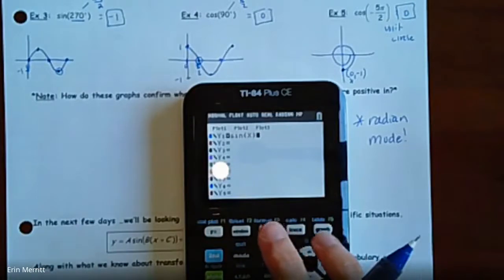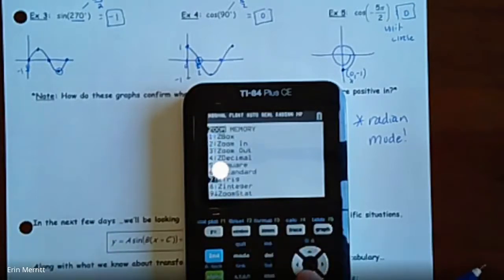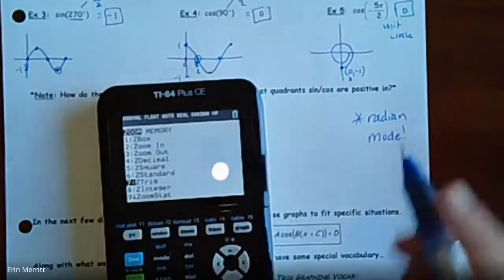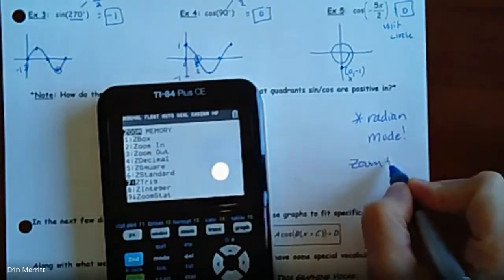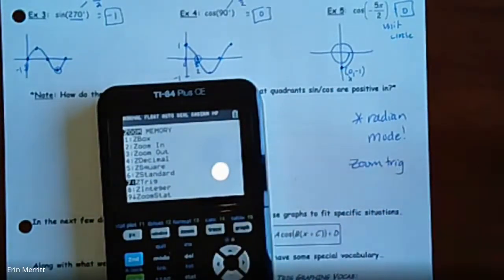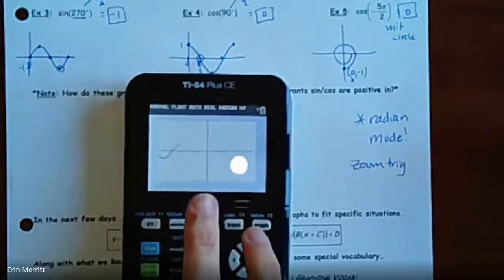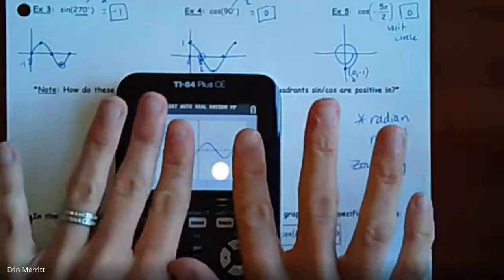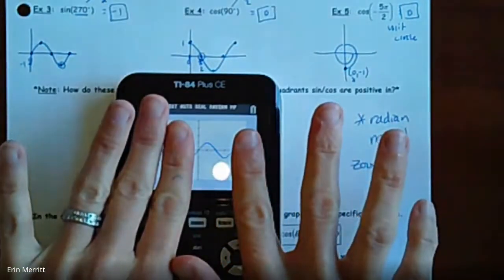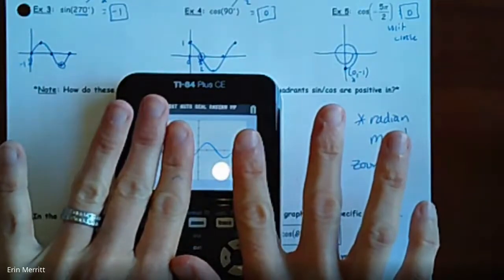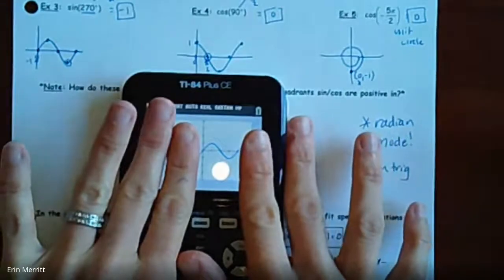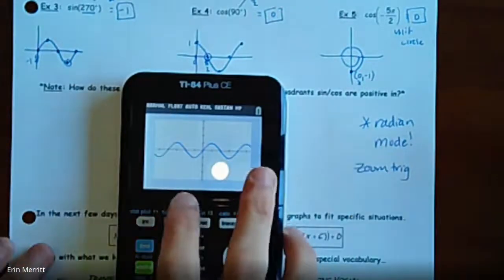And then you can always pick zoom trig. That's the best. Zoom trig so that you can see it, and it'll give you a nice window. So now when I hit graph, there's that pretty little sine curve. One cycle of it is just that portion right there that goes from 0 up to 1, back to 0 to -1, and then finishes back at 0 there. But there you go.